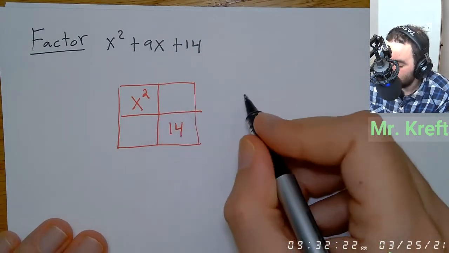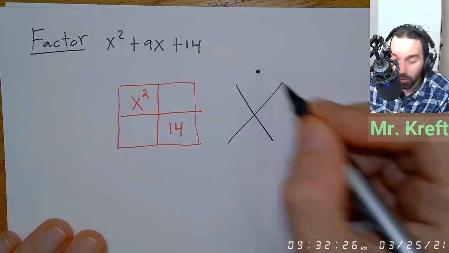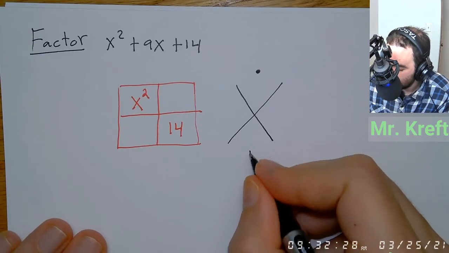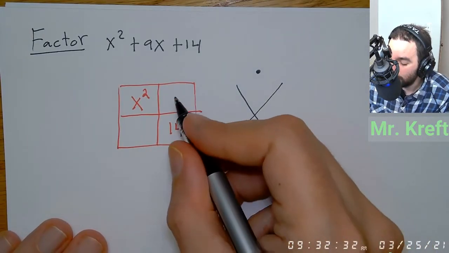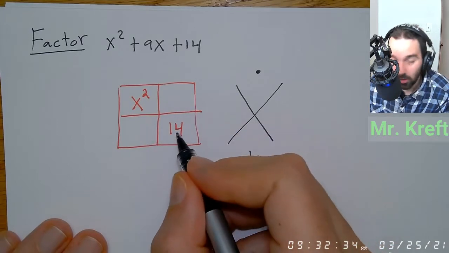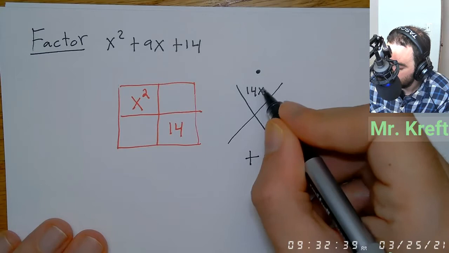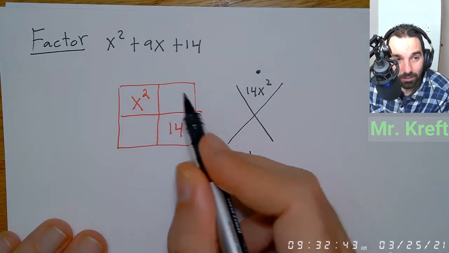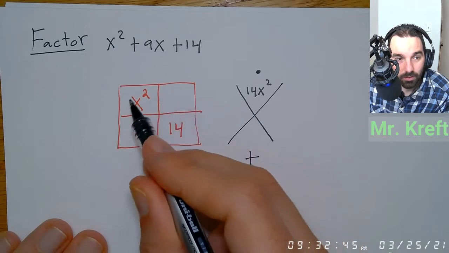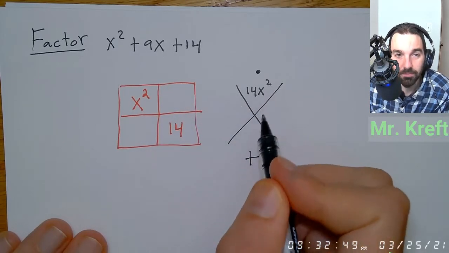Okay, I need to find these two boxes, so I'm going to make that big X. On the top, I'm going to have multiplication, and on the bottom, I'm going to have addition. So I'm looking for two numbers that multiply to 14x squared. How did I get that? I multiplied these two together, so I took this number times this number, and I get 14x squared.